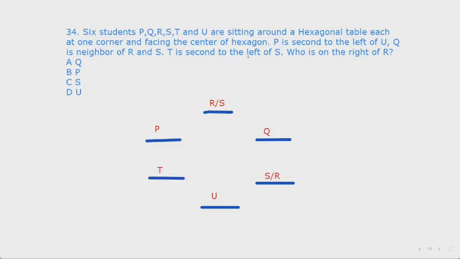And T is second to the left of S. So यहाँ पे R रहेगा, यहाँ पे S रहेगा, यहाँ पे T रहेगा. Cool. So who is right of R? So R यहाँ पे है, R का right is P. So option B becomes our answer. Moving to the next question.